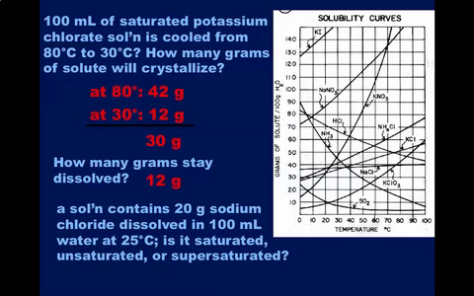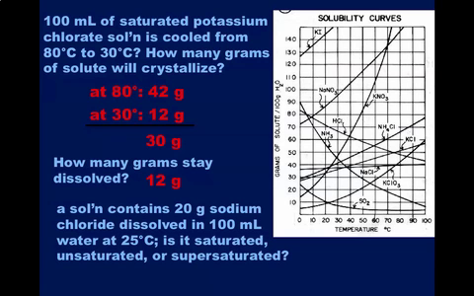A solution contains 20 grams of sodium chloride dissolved in 100 milliliters of water at 25 degrees Celsius. Is that saturated, unsaturated, or supersaturated? So when we find this point, if the point is below the line of the substance we're talking about, then it's unsaturated. If it's on the line, then it's saturated.